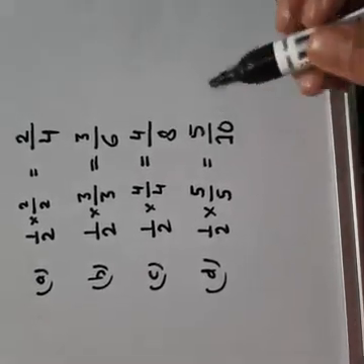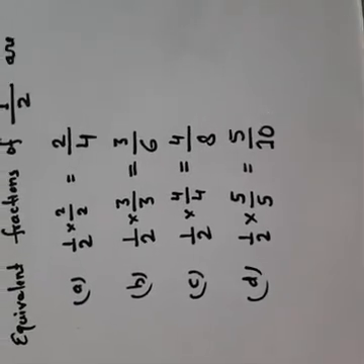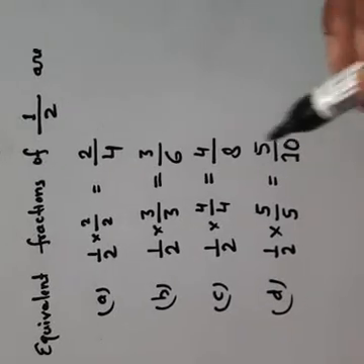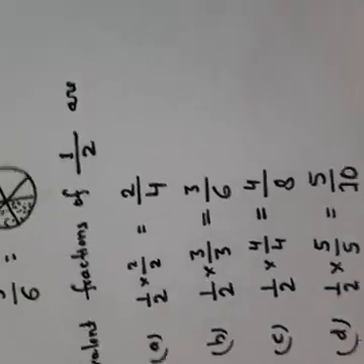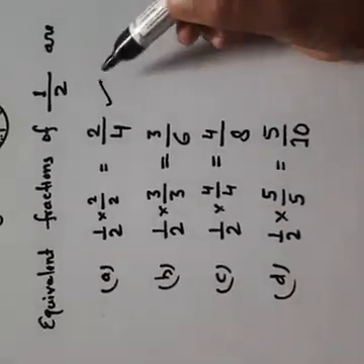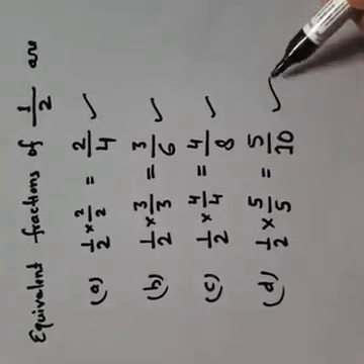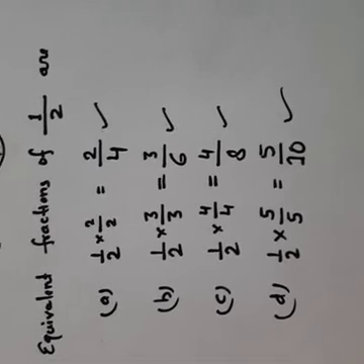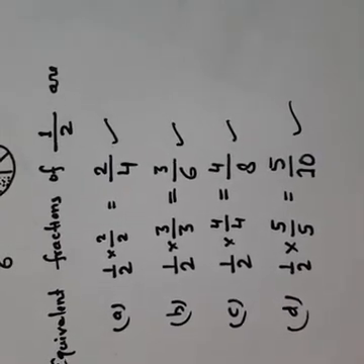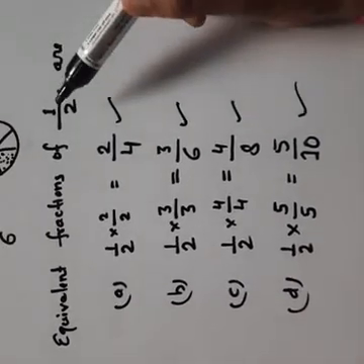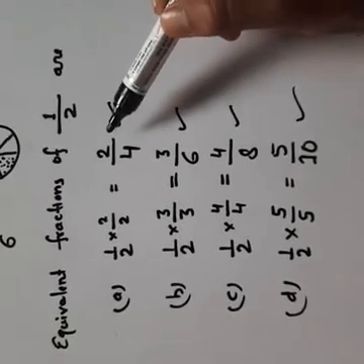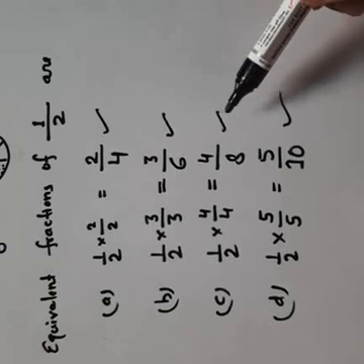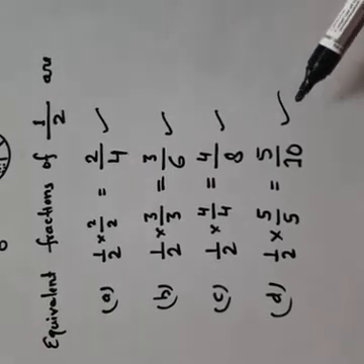So similarly, students, we can find as many equivalent fractions as we want. This time we found 4 equivalent fractions of 1 upon 2. So 1 upon 2 is equal to 2 upon 4, 2 upon 4 is equal to 3 upon 6, 3 upon 6 is equal to 4 upon 8, and 4 upon 8 equals 5 upon 10.